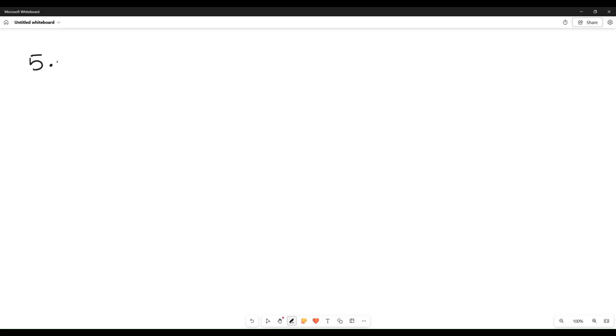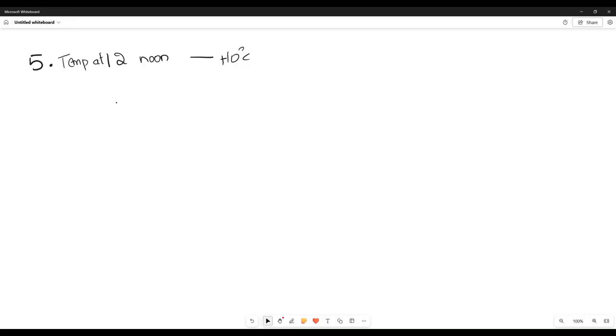What they have given: the temperature at 12 noon was 10 degrees above zero. 10 degrees Celsius. Above zero means which is positive.